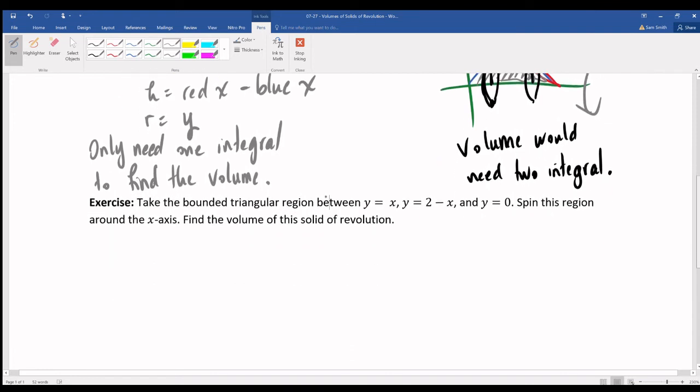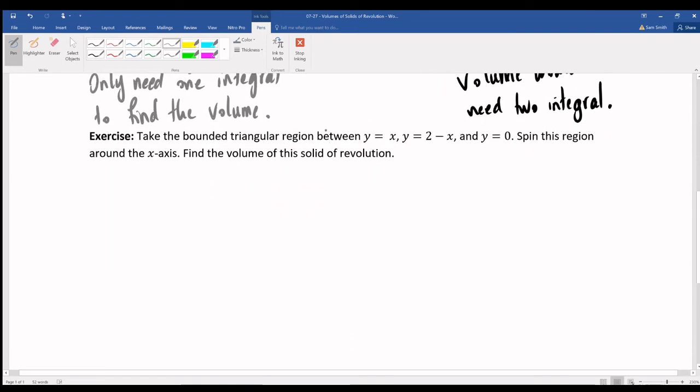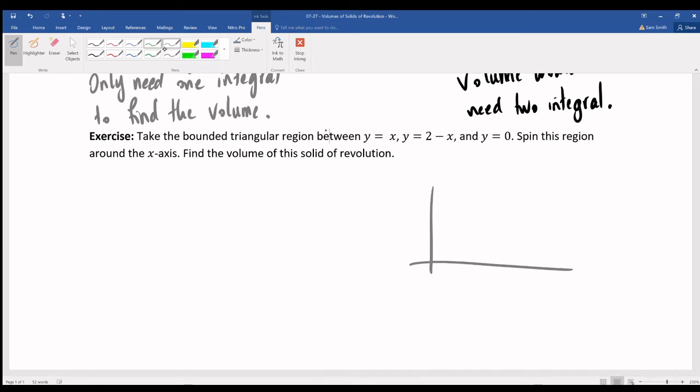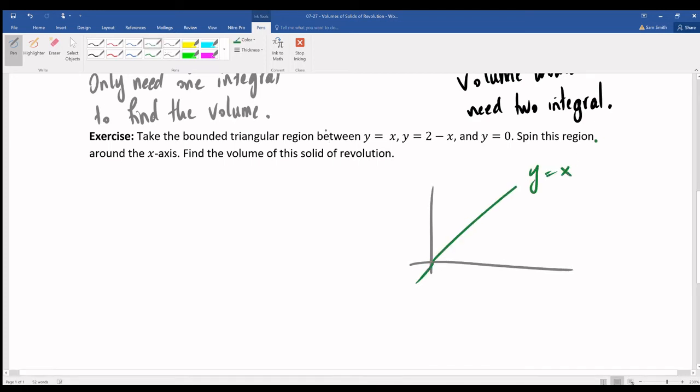So let's consider the following exercise. Let's not actually solve this exercise, but let's just try and analyze what method might be the most convenient to use for this problem. So we have y equals x, we have y equals 2 minus x, then we have y equals 0. So here's our linear function, y equals x.